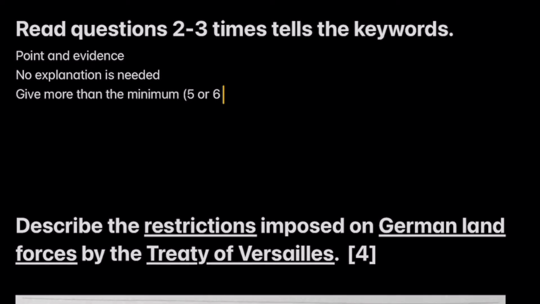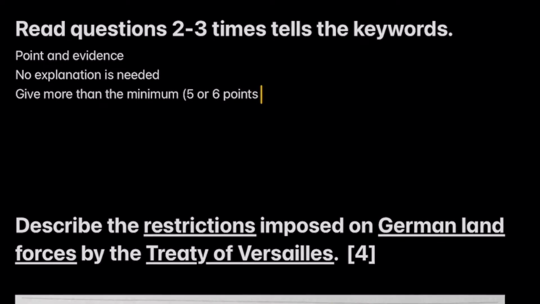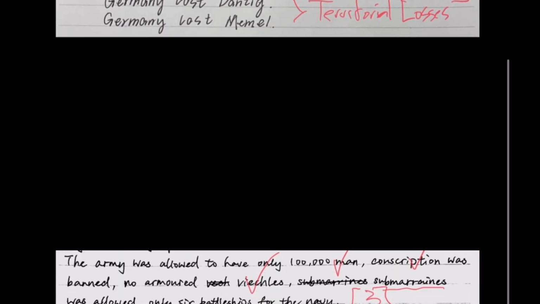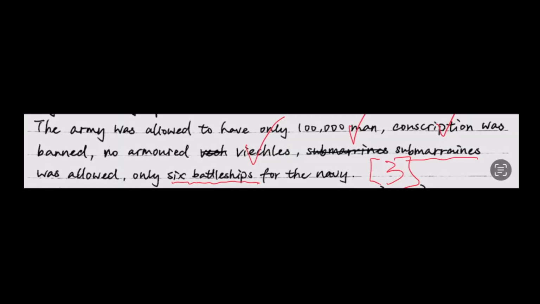5 is okay, but do not really put pressure on yourself to have every single answer correct by only giving 4 pieces of points and evidence, right? So try to make it 6. Point, evidence, point, evidence, point, evidence, something like that. Going back to this particular example, if in the answer they would have written for no armored vehicles and put in something like, how about we say no tanks were allowed, right?